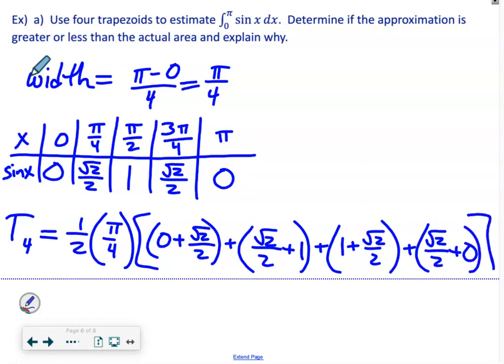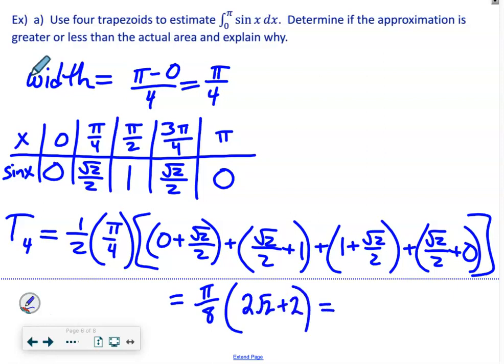Again, our two endpoint trapezoids are actually going to be triangles. That's okay. When we clean this up, we get pi eighths times root 2 plus 2 plus root 2. So we have 2 root 2 plus 2.